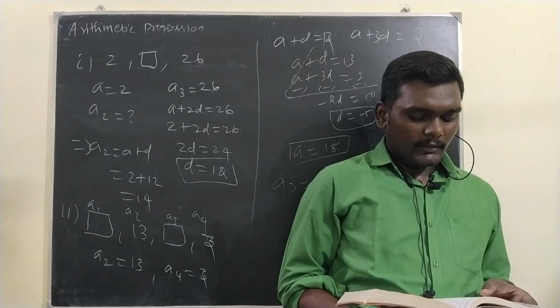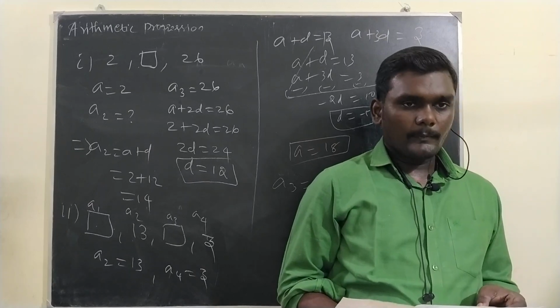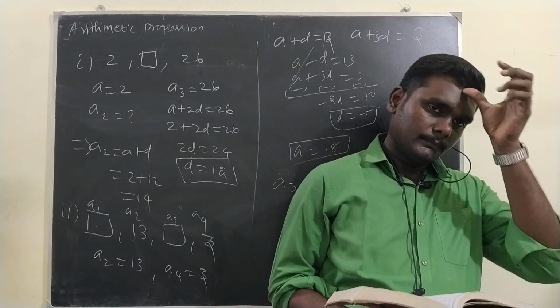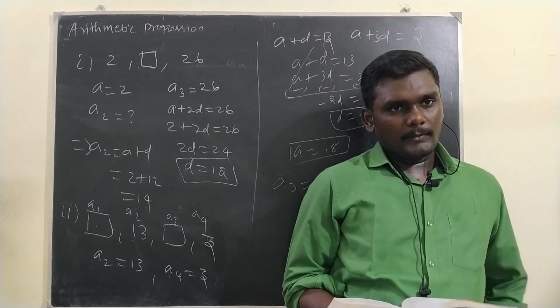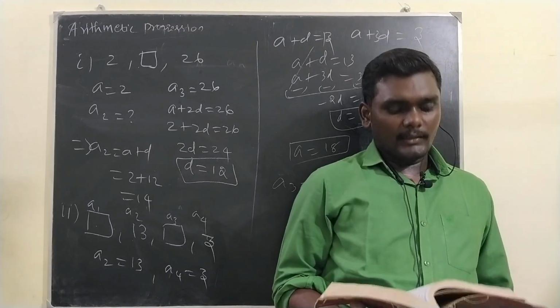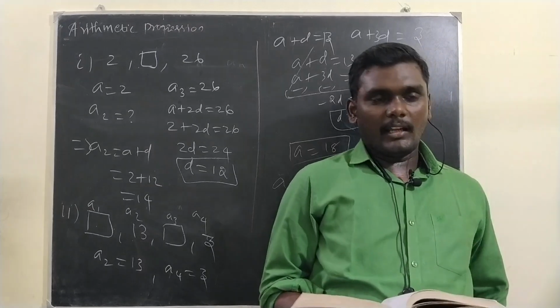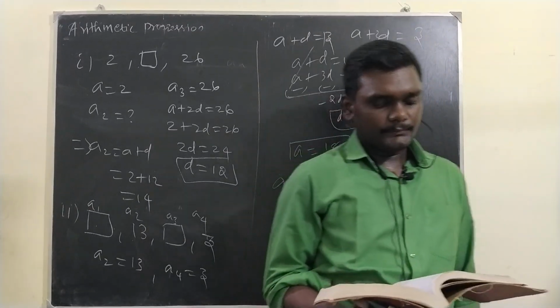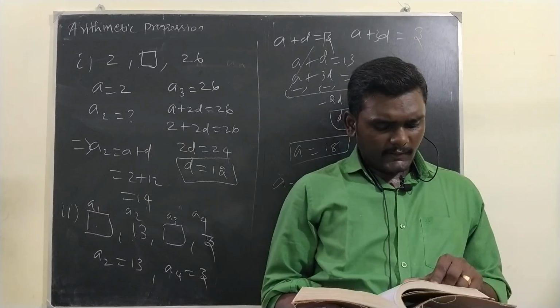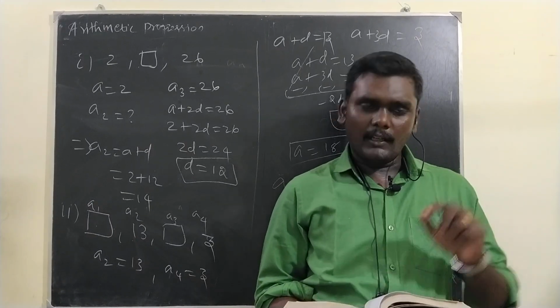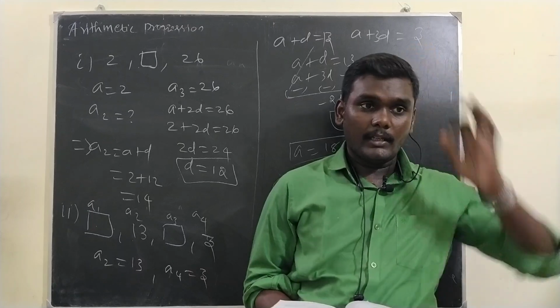Then the fifth subdivision, how will you do it? A2 is 38 and A6 is, 1, 2, 3, 4, 5, 6, yes, A6. Those two equations we can solve.